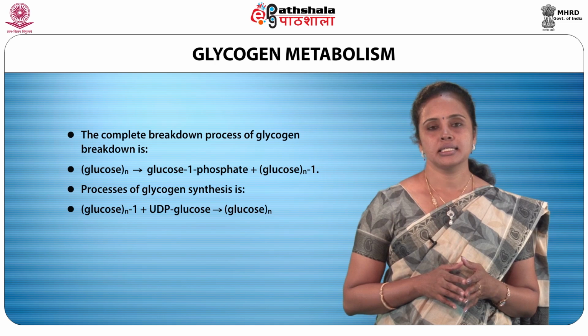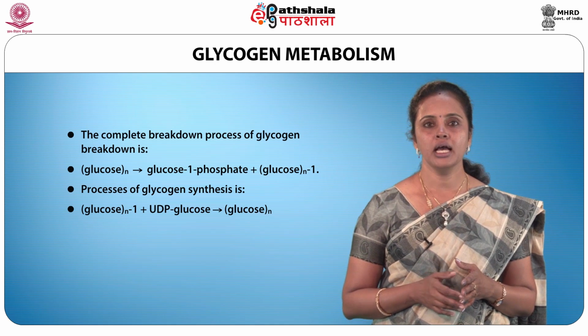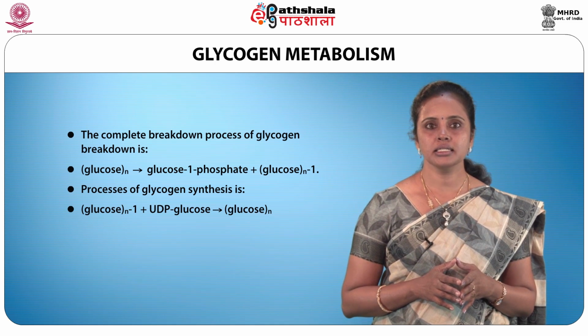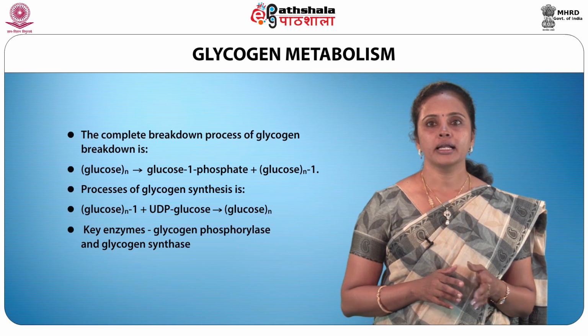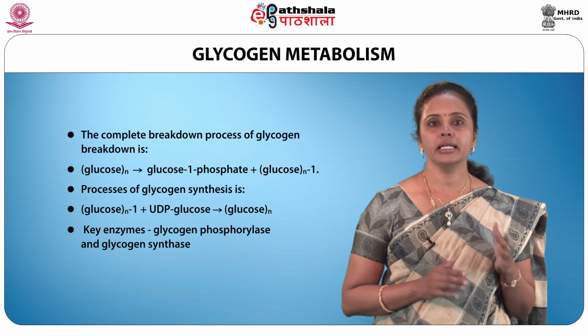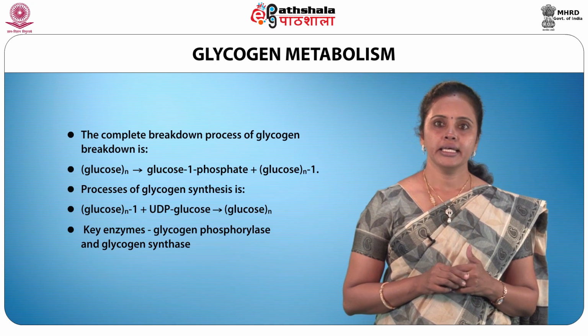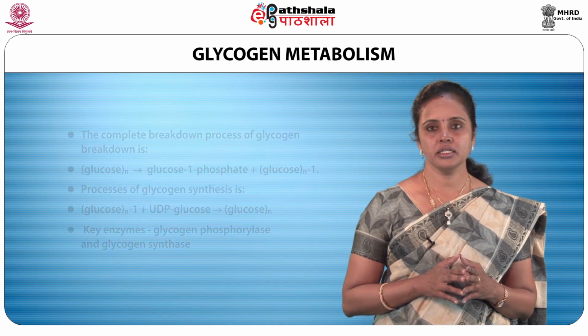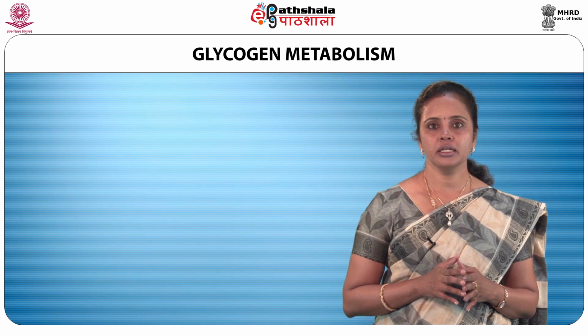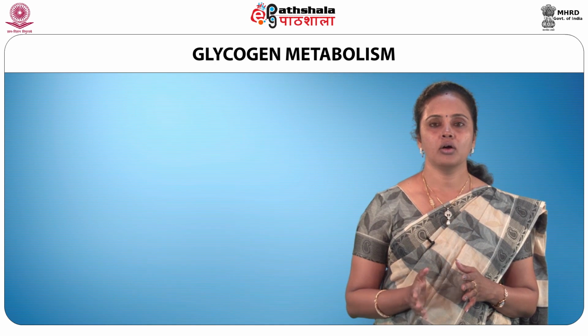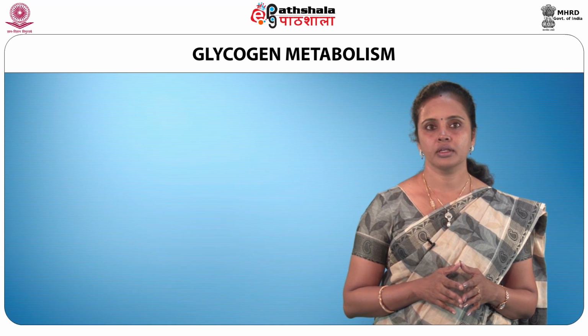Both the processes, namely glycogen breakdown and synthesis, are controlled by two key enzymes, which are glycogen phosphorylase and glycogen synthase. Their activities are activated or inactivated by allosteric regulation and phosphorylation or dephosphorylation.